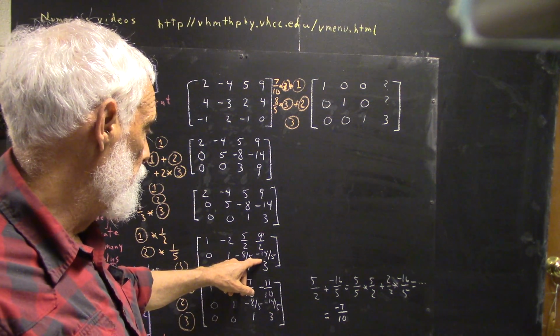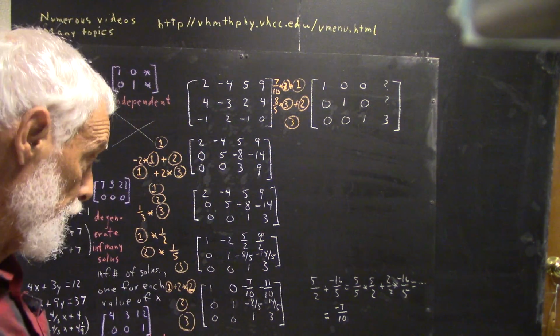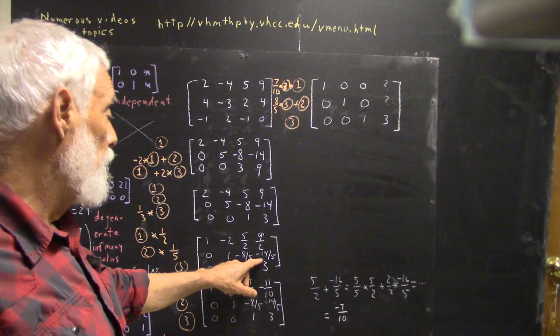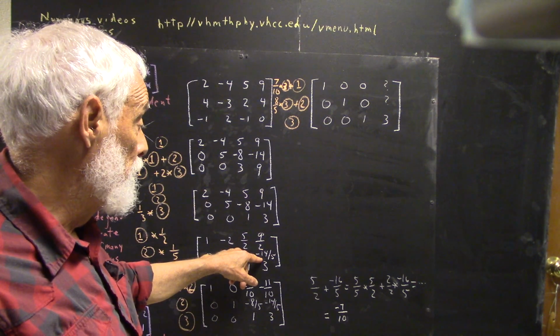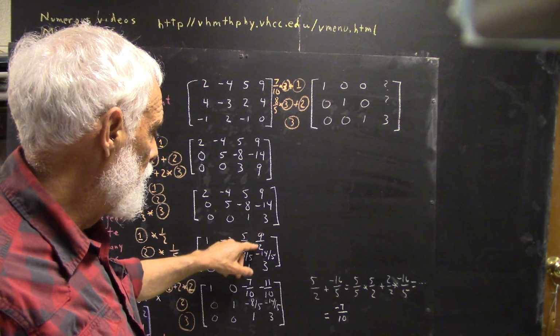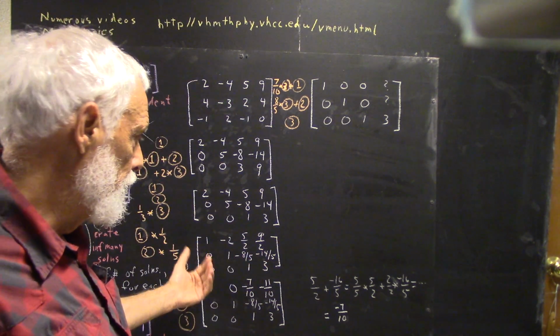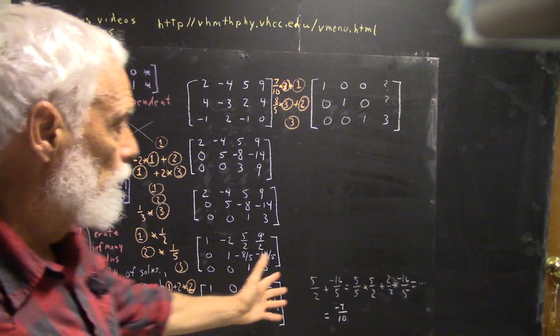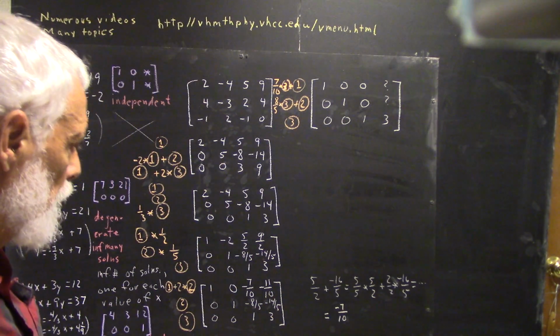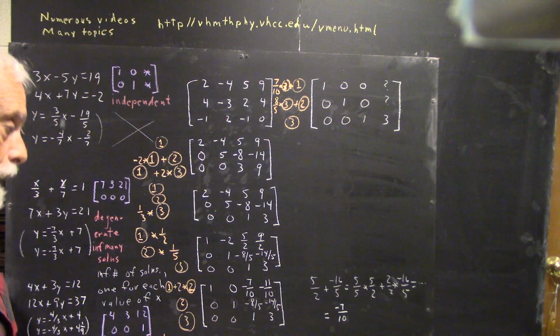And then negative 14/5 added to 9/2, done similarly. Double this, we get negative 28/5, and that is negative 56/10. 9/2 is 45/10. Negative 56 and 45 is negative 11. That gives us negative 11/10. Write that out if you have to, and very likely many of you will have to.